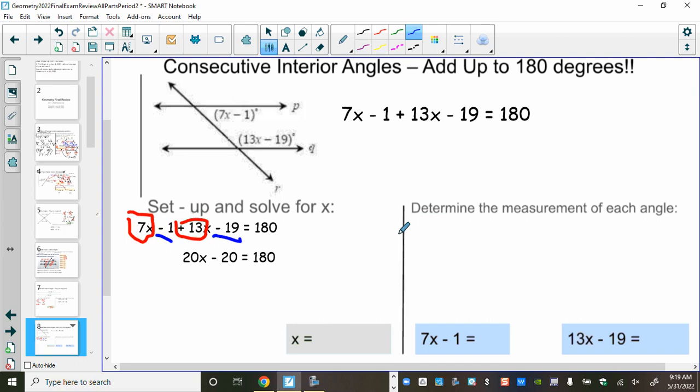Yeah, you can solve for x at this point. You should be able to do that. Beware, beware: -1, -19. You start off as 20x plus 20 and 20x minus 20.